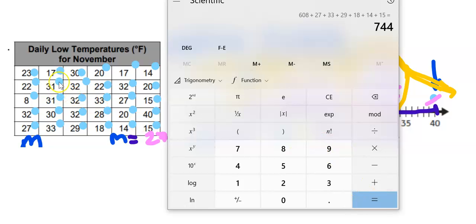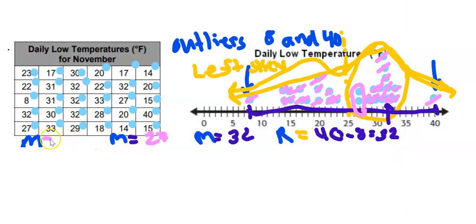So we have 744 when I add all 30 of those numbers together. So I'm going to take that total and I'm going to divide it by 30 because there are 30 dots on our number line. When I do that, I get 24.8. So our mean is 24.8.